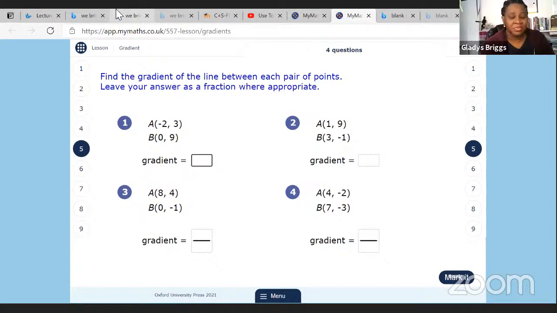Well, negative 0.3. It's not letting me. Oh, where's the point? Where's my point button? Ah, this is why.